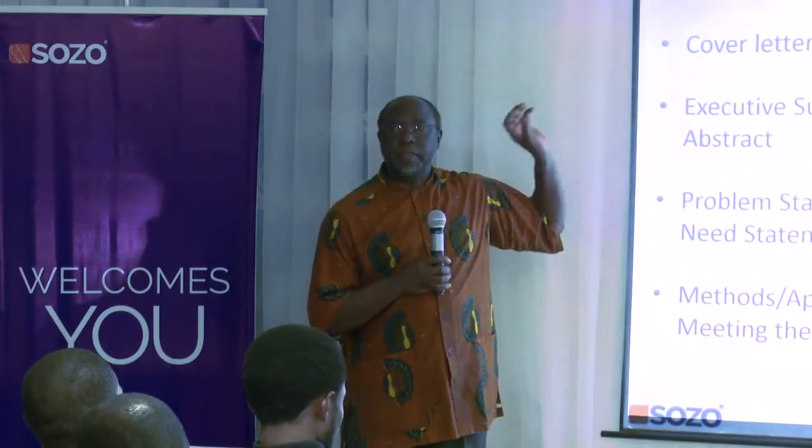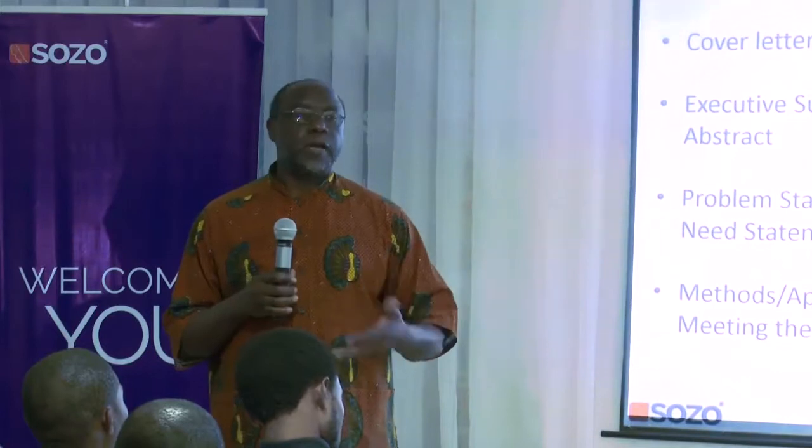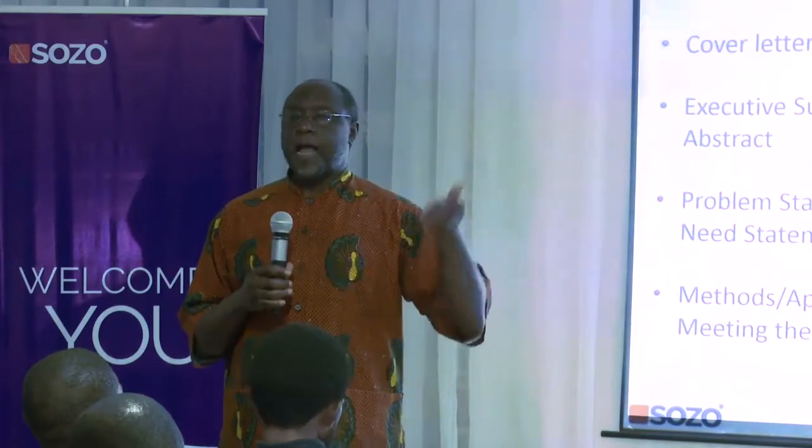Let me repeat. Your summary of the proposal is written last. That's the last thing you are going to do once you have written your proposal, because you can't really do a summary of your proposal if you have not written the entire proposal. Okay? So that's the section that we write, at least for me, that's the last section I write for my proposals.